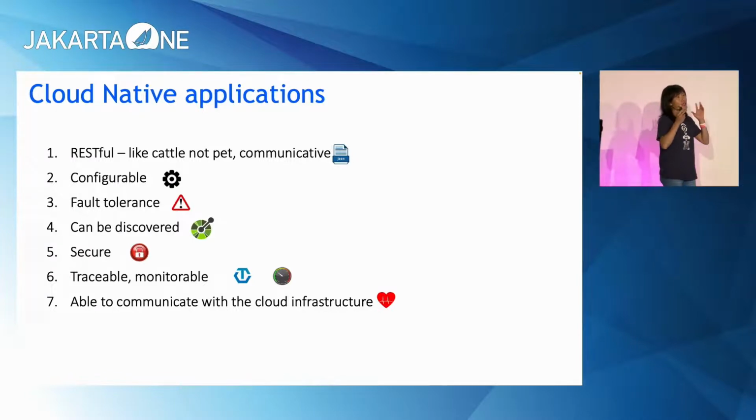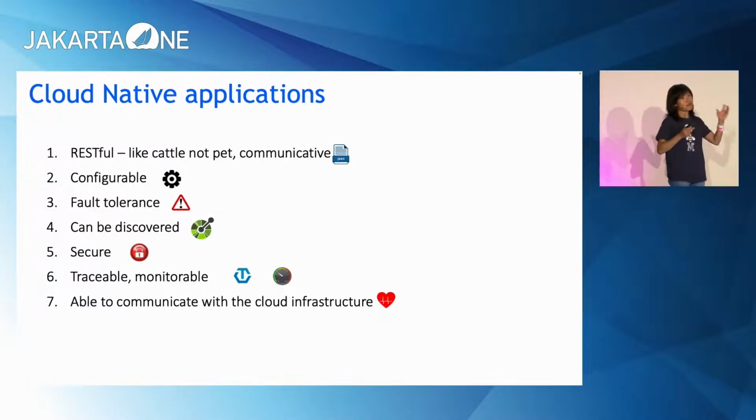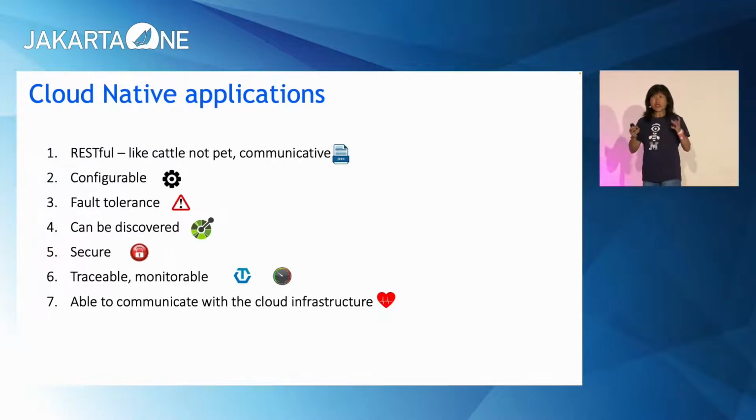If you deploy a lot of cloud-native applications, each of them might have some sensitive information, so you need to secure them. And also, it needs to be monitorable and traceable. If something goes wrong, you know which one is wrong, so you can fix them. Finally, it needs to be smart, intelligent.